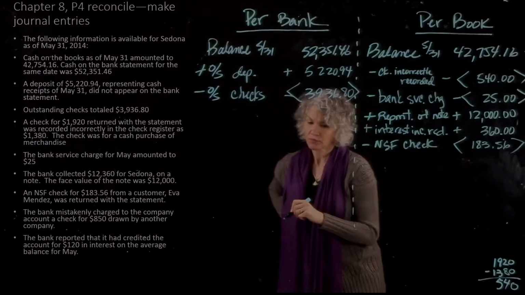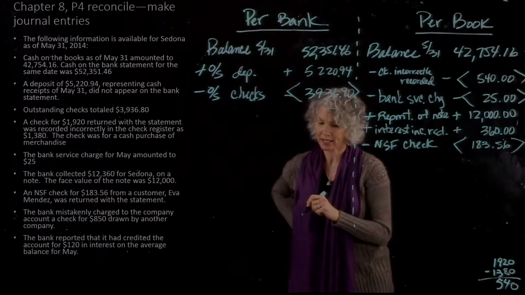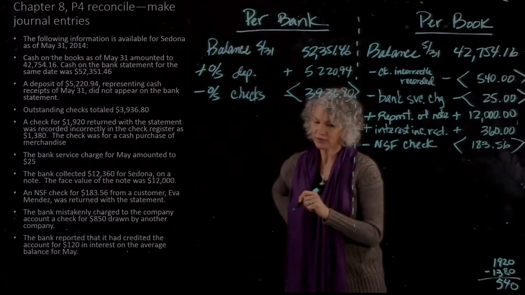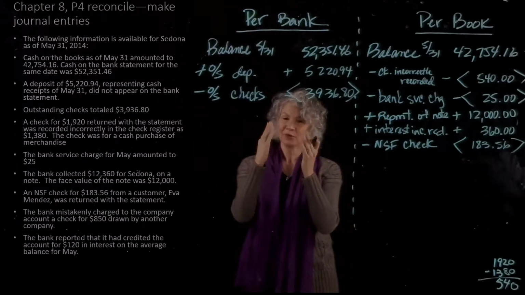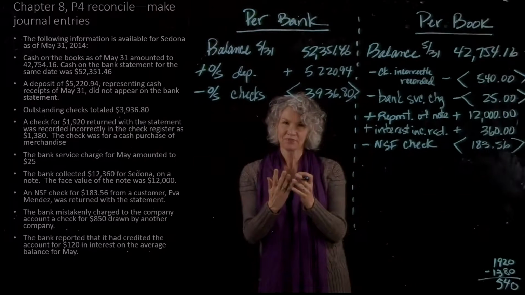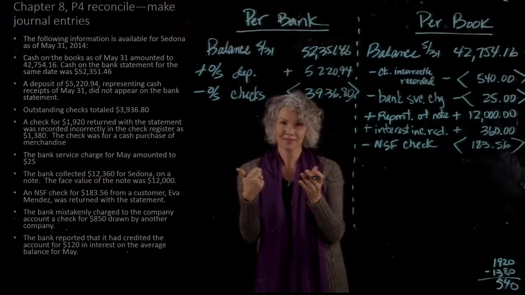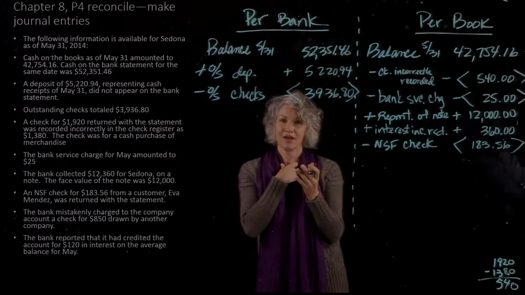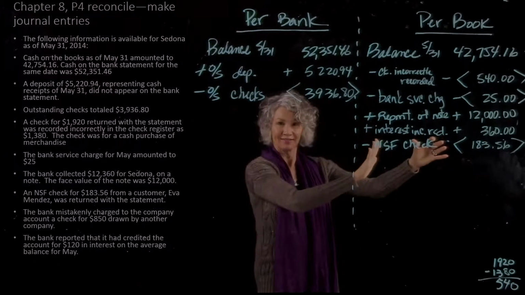Okay. Two more things. The bank mistakenly charged to the company account a check for $850 drawn by another company. Okay, so interesting. When we were going through checking off all our checks, looking at the bank statement, we see where they charged somebody else's check to us. So our books are right because we didn't write that check.